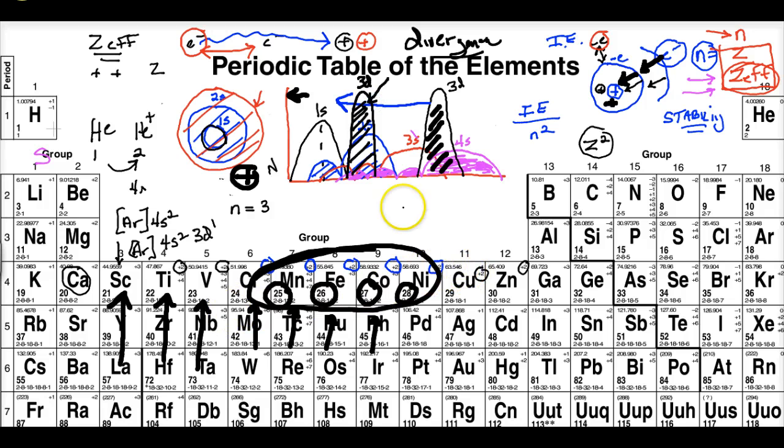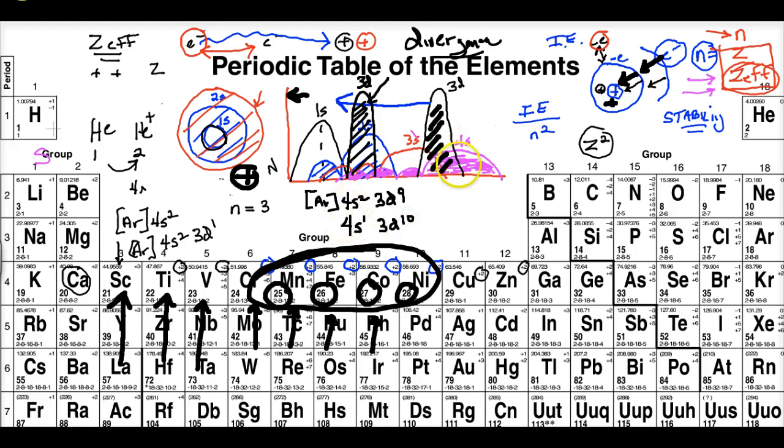Remember copper, and this is the kicker, we did this a couple weeks ago, we didn't know why. Copper is 3d9. You might write argon, 4s2, 3d9. If you write that, I tell you it's wrong. You need to know it's going to be 4s1, 3d10. Why?